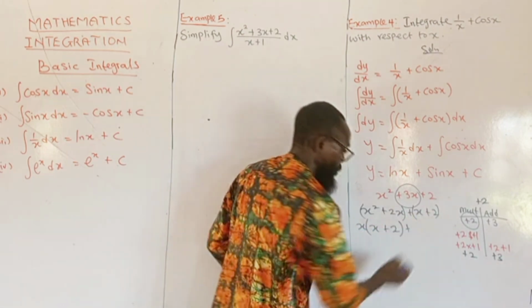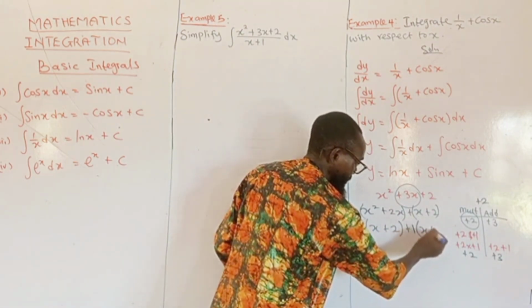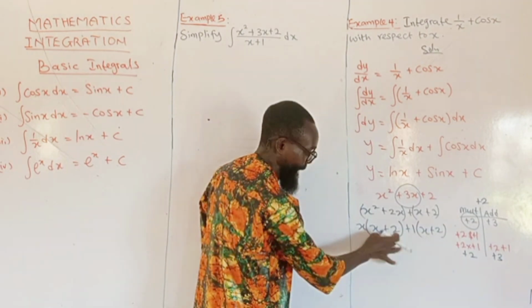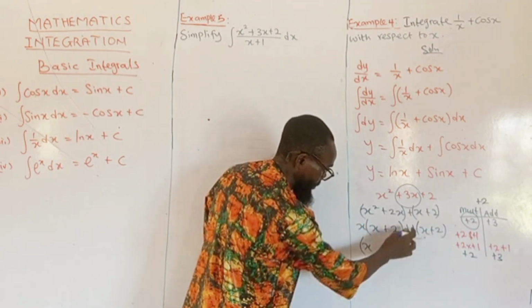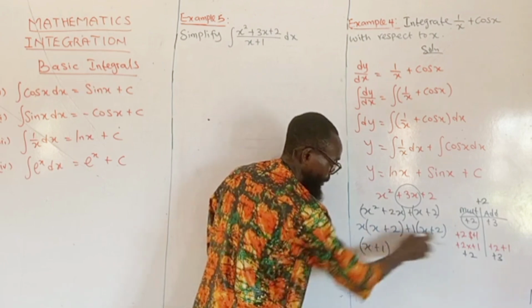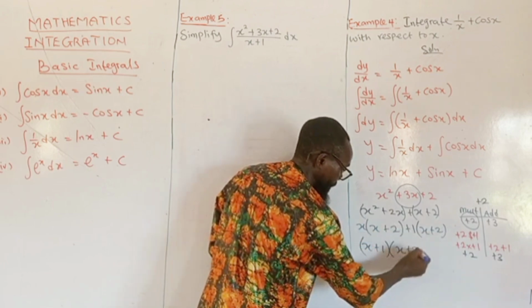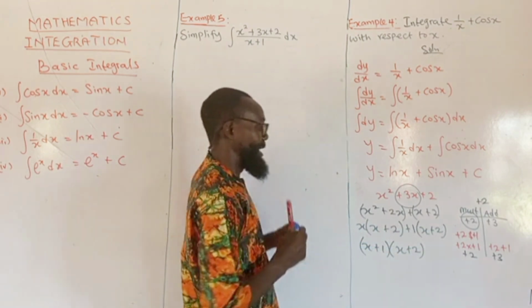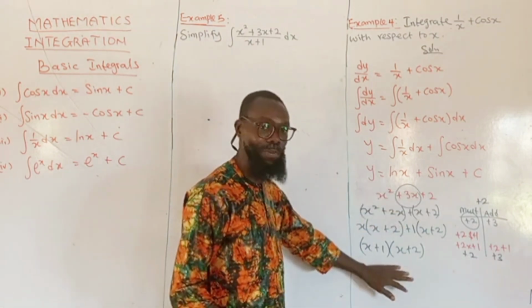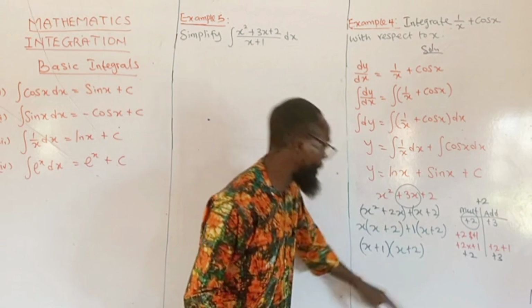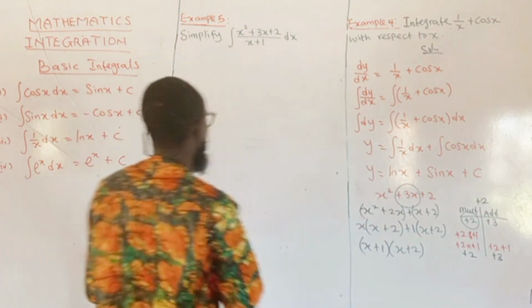Absolutely nothing. You are going to put 1. Open your bracket, x plus 2. What is in this bracket must be the same thing here. So what is outside? x plus 1. Then you pick one of these, x plus 2. Definitely, the factors of x squared plus 3x plus 2 are these in brackets. So when you factorize this one, you must arrive at this.